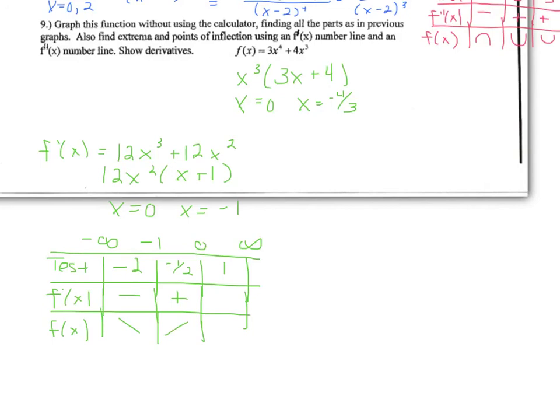And if I plug in a 1, I will have a positive and a positive. So I will continue to increase, which means that I have one minimum at -1. And if I plug -1 into my original function, I will have 3 minus 4, so my minimum will be at -1, -1.